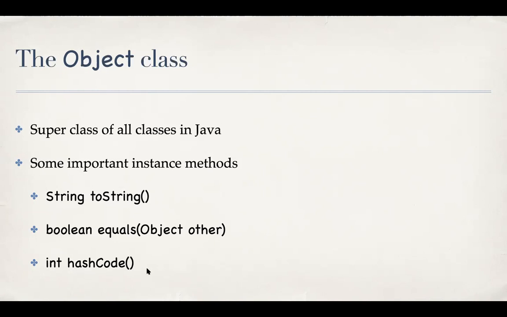That is the hashCode method. This converts the object value to an integer so that it can be used in hash tables. Again, we won't go into the details of this over here. Students are expected to know the basics of these, but these are some of the commonly used Object class methods.